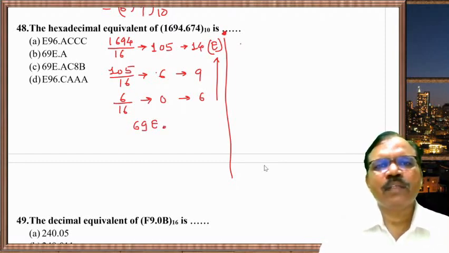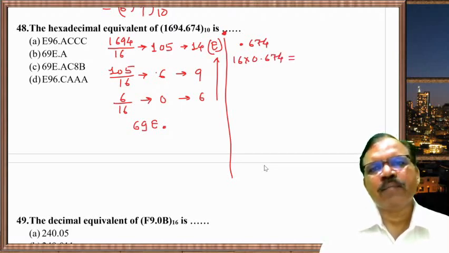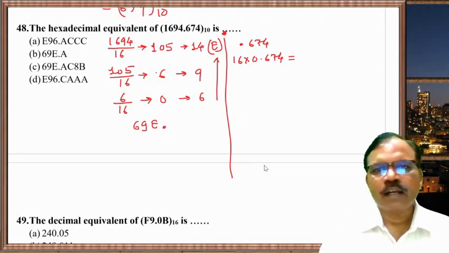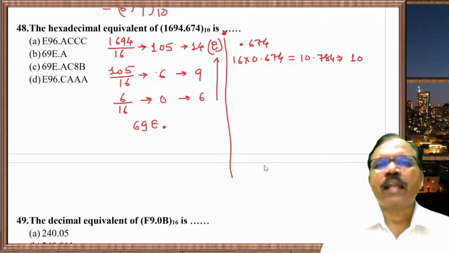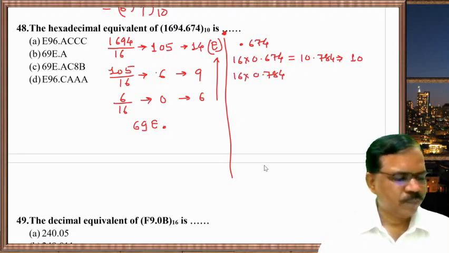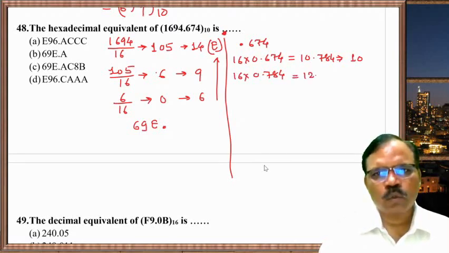After decimal point we have 0.674. So we have to multiply this by 16. So if we take multiplication, we get 10.784. So take out integer, that is 10, and then 0.784 fractional part multiplied by 16. So you will get 12.544.